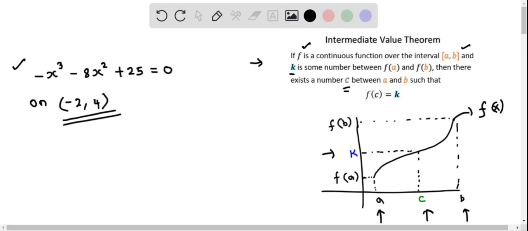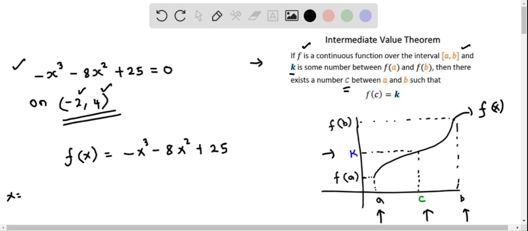So let's use this intermediate value theorem to prove that it has at least one solution. So here we have f of x equals negative x cube negative 8x squared plus 25. And I'm going to find the function value at these two endpoints, that is negative 2 and 4.